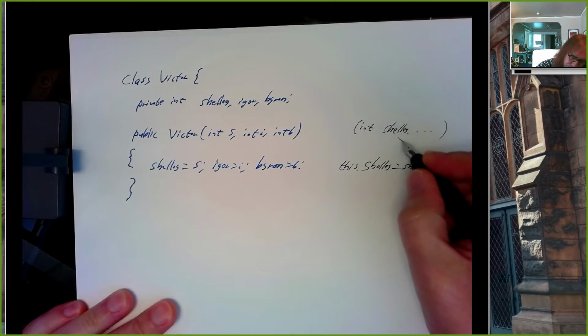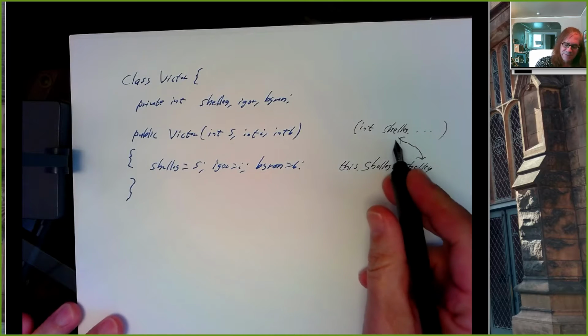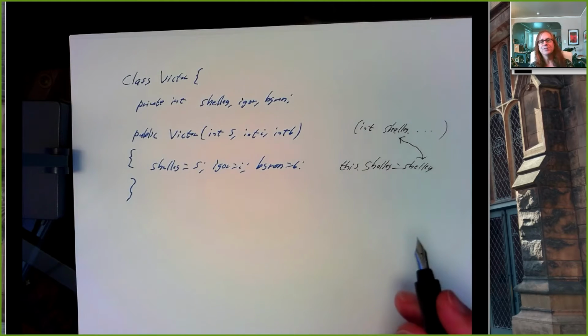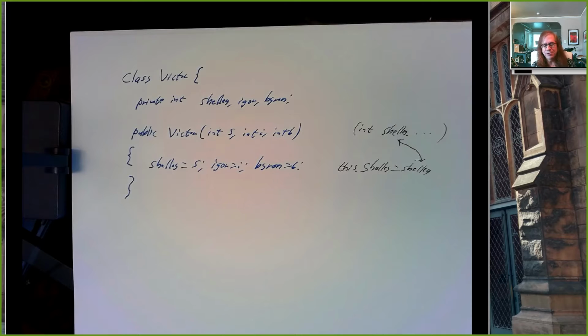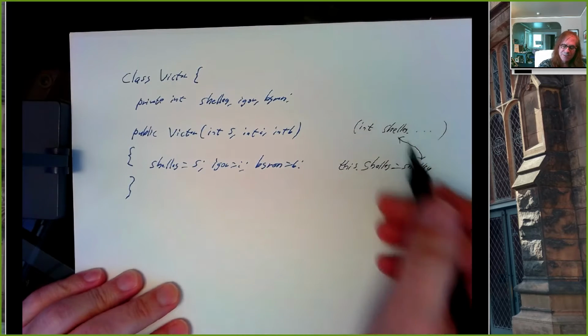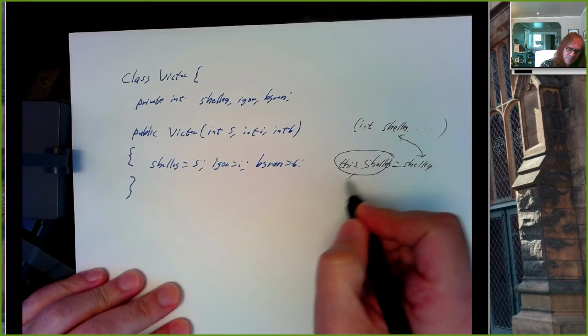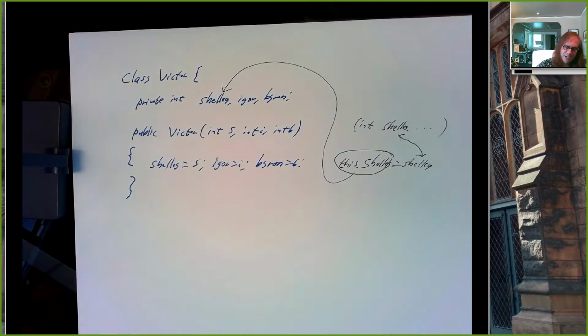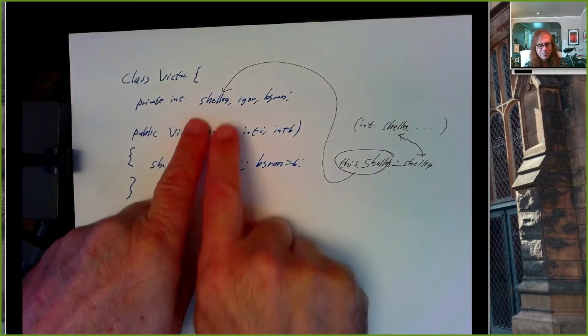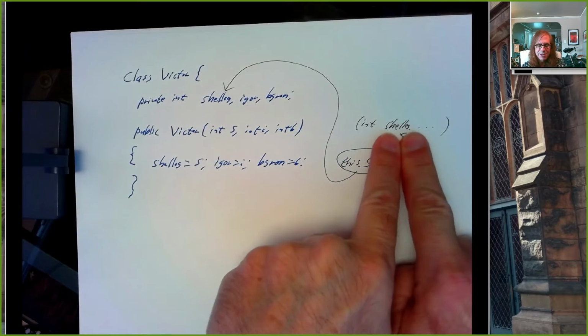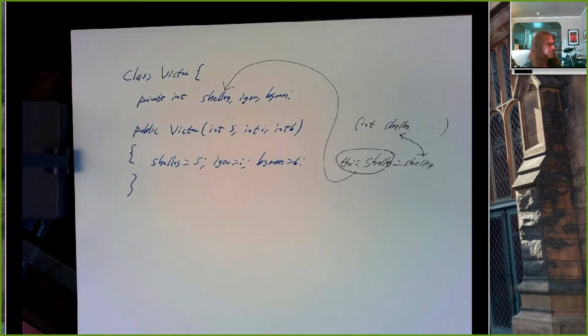And so Shelley without any prefix is referring to the most local version of this, the thing in the most tightly contained loop, or bracketed expression, which in this case would be the method declaration. So Shelley refers to the argument, but this dot Shelley always refers to the one in the class itself. So now we're explicitly doing what we want, which is set this variable equal to that variable. So that's where you see the keyword this.